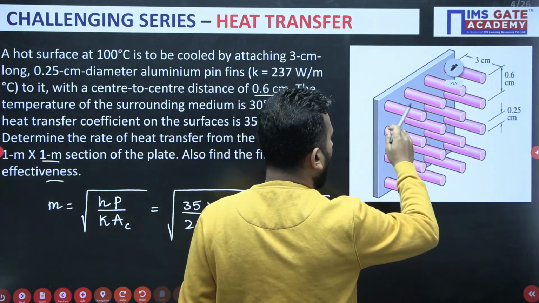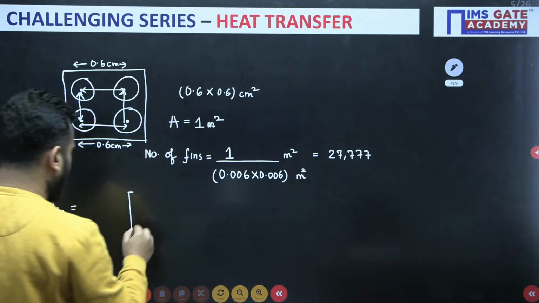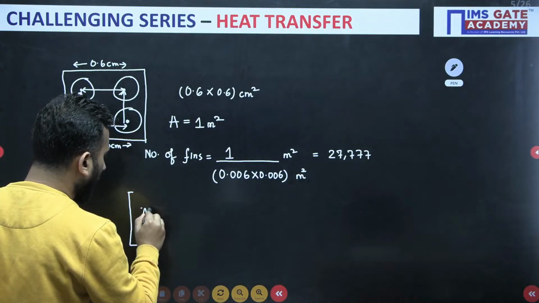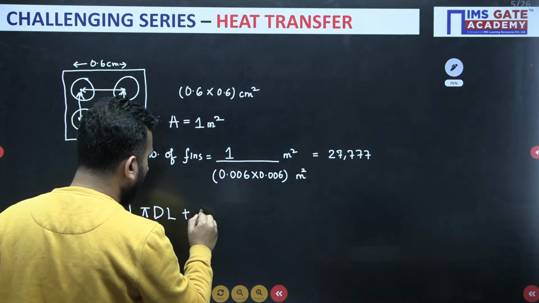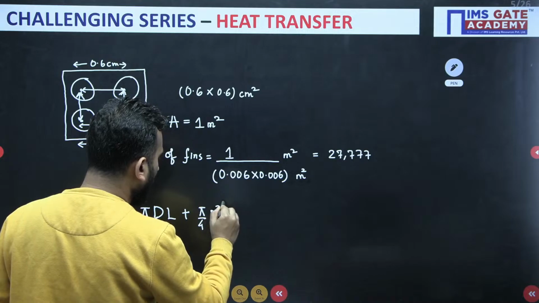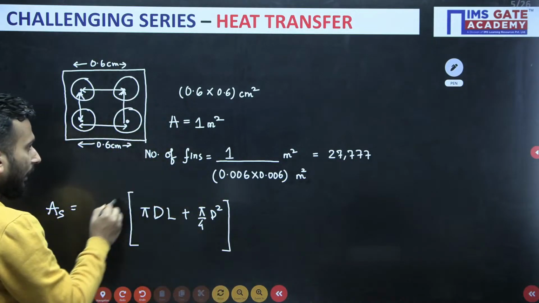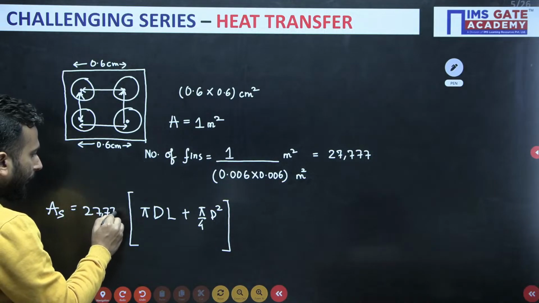So pi d into L, okay. Pi d into L plus the end area is pi by 4 d square, and this is for one fin, but how many total fins are there? This much.